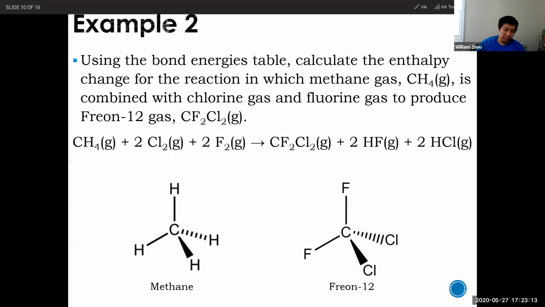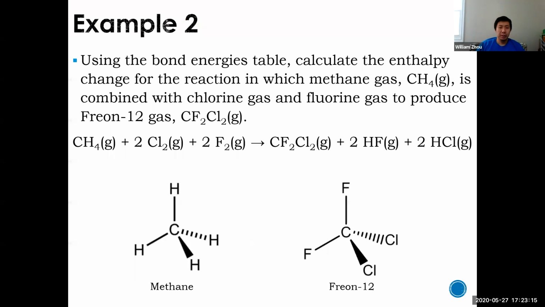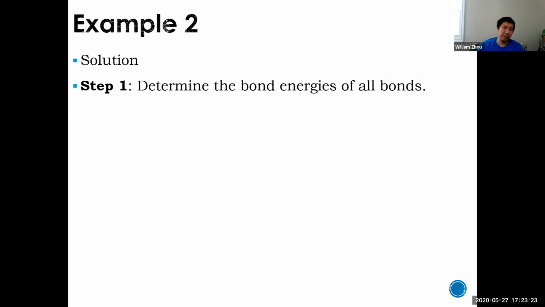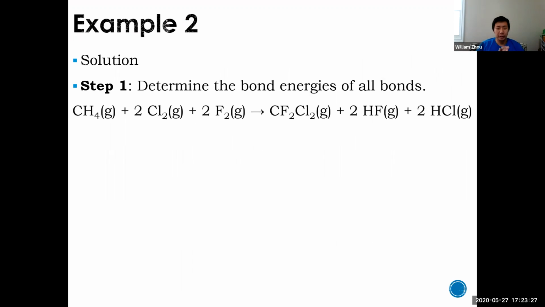All right, so to find the enthalpy, you're going to need all of the different bond energies found in this entire reaction, and that can be very, very annoying. So determine the bond energies of all bonds. Here's your equation. Let's start from the left side.